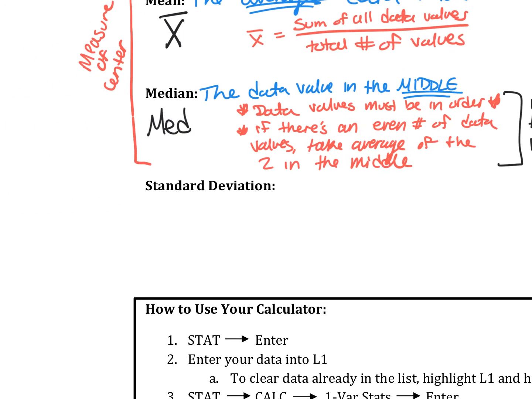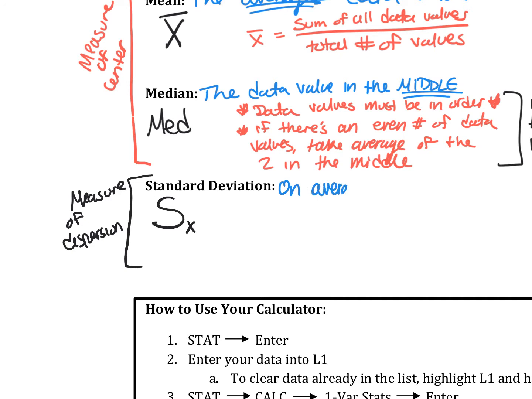Now, a standard deviation is a measure of dispersion, of how spread out the data is. And for the standard deviation, we use the notation SX, and this tells you on average how far away your data values are from the mean.